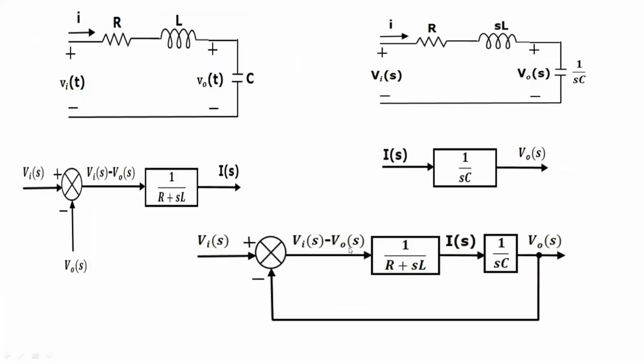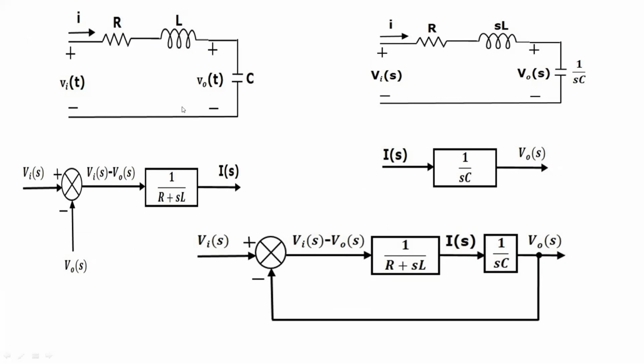Now, we can also represent electrical systems with a block diagram. Electrical systems contain mostly RLC: resistance, inductance, and capacitance. In this RLC circuit, we have Vi of t as input and V naught of t as the output signal.